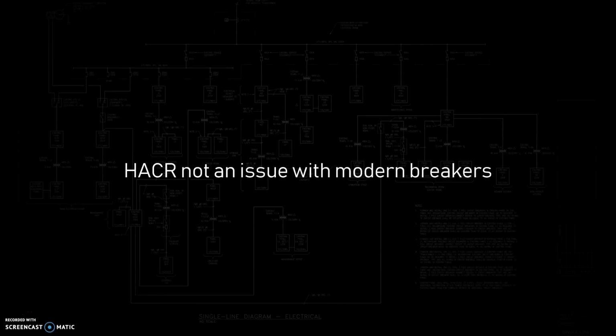That's not the case. Nowadays, all listed breakers are HACR rated. I have seen in a handful of prints, there'll be an asterisk on the panel schedule, and the asterisk means must be an HACR breaker. Essentially, in that case, unless I'm pulling old breakers out of the shop, it's not really an issue. Anyway, HACR, we don't really have to sweat that anymore.